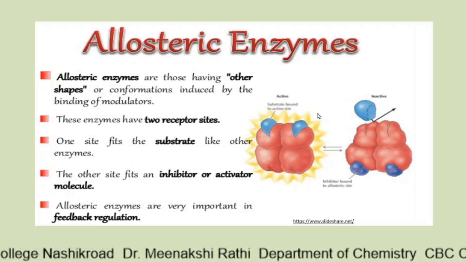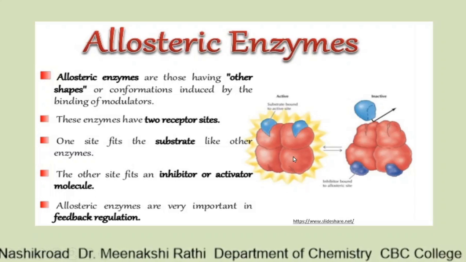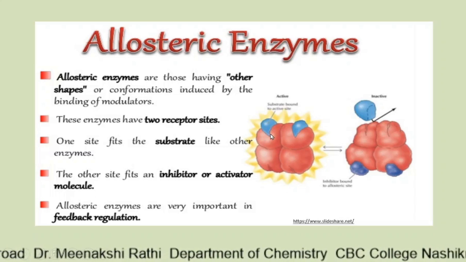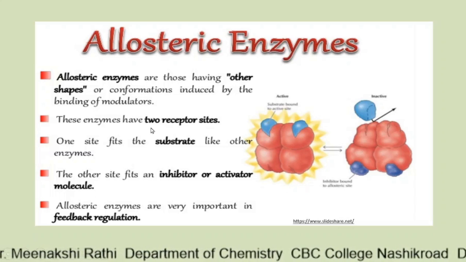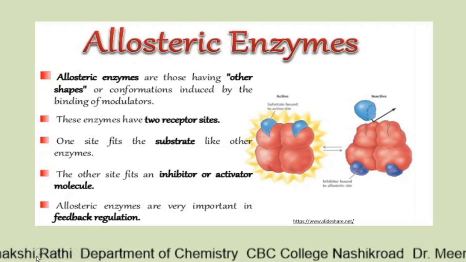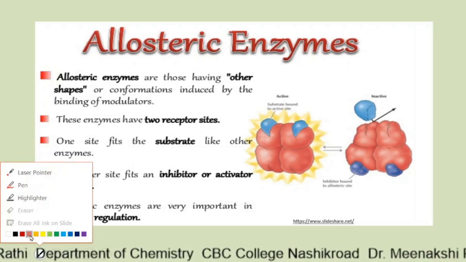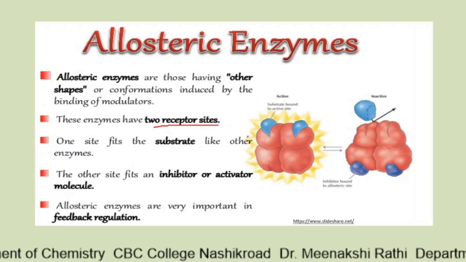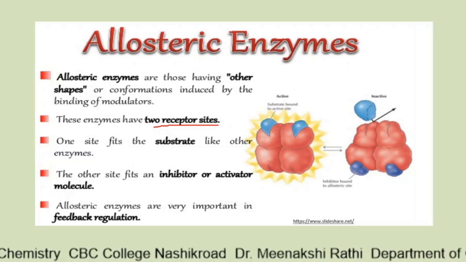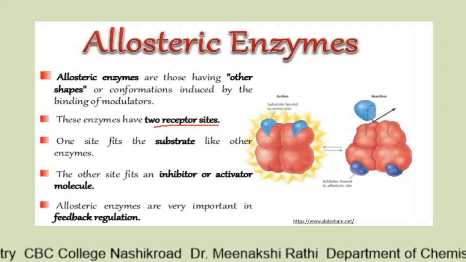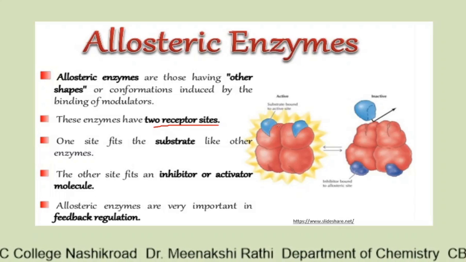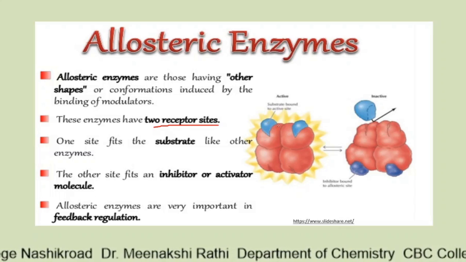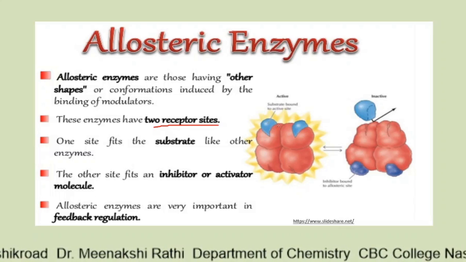So this enzyme has two sites, that is, two receptor sites. Allosteric enzymes have two receptor sites. One site where the substrate attaches is called the active site, which is present in almost all enzymes.